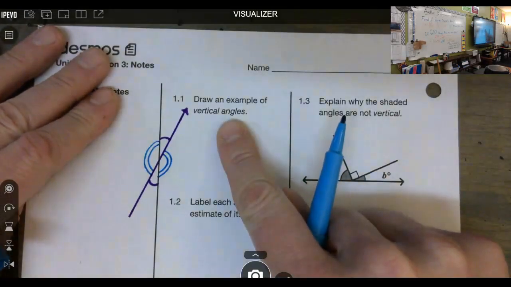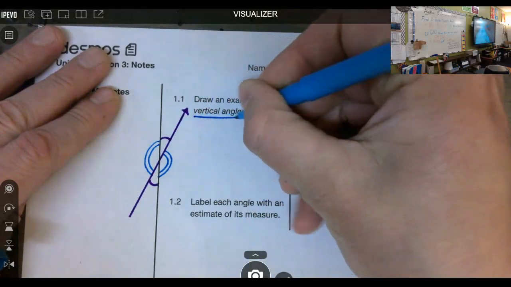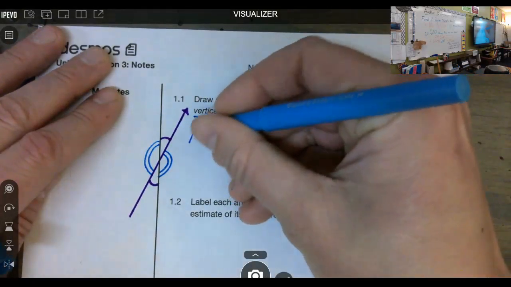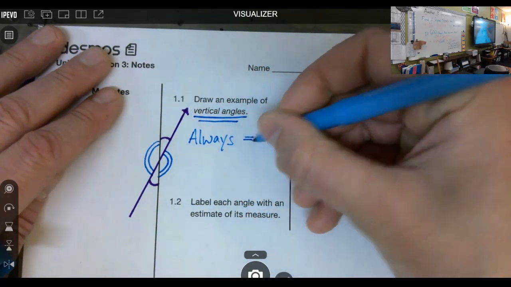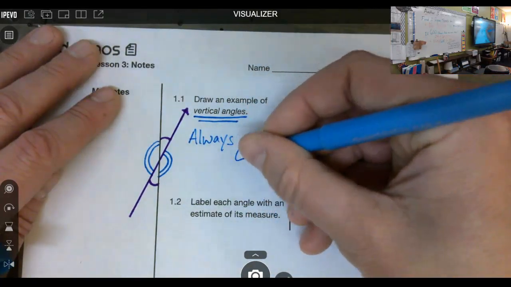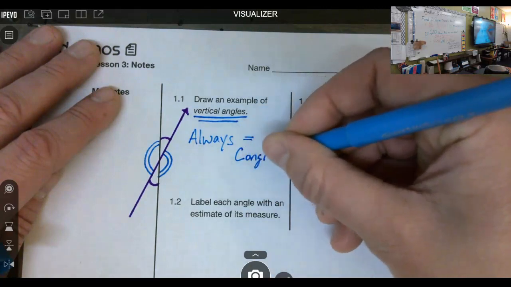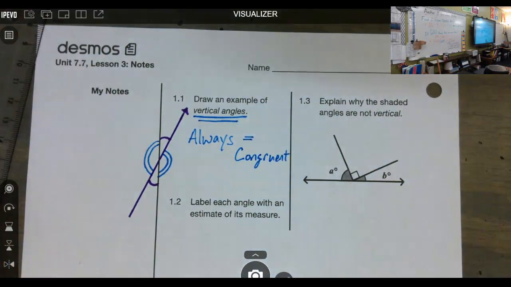So what you might want to make a note of is that vertical angles are always equal. And in math, we actually call that congruent, if you want the fancy word.